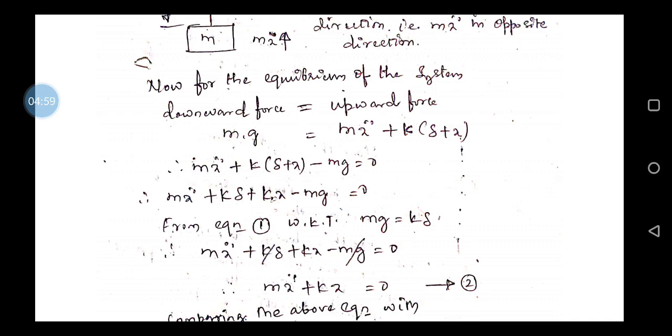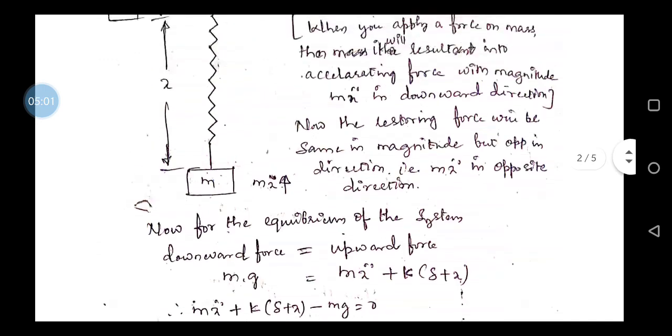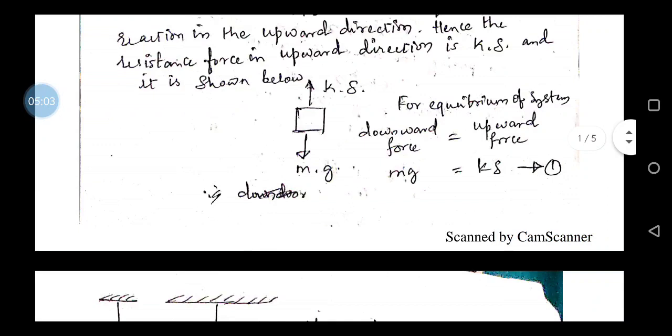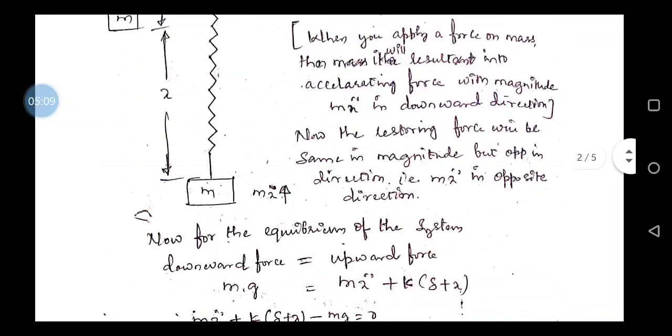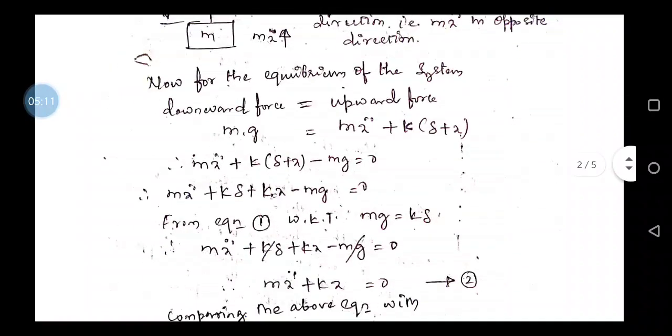From equation 1 we know the downward force is equal to the upward force, that is mg is equal to k delta. Now using the same equation here, we have m x double dot plus k delta plus kx minus mg is equal to 0. From equation 1 we know that m into g is equal to k into delta.